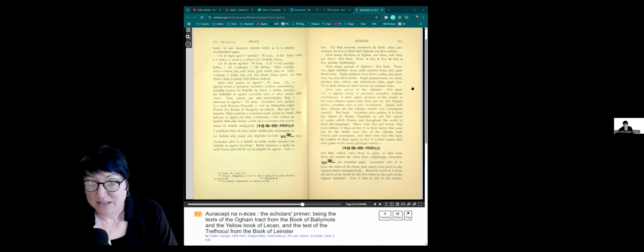So 3 times 8 is 24, which is interesting because what we haven't talked about is these diphthongs, and these were called the forfeda, or the extra letters, basically.